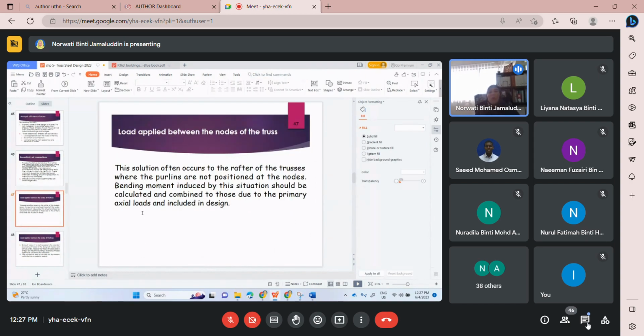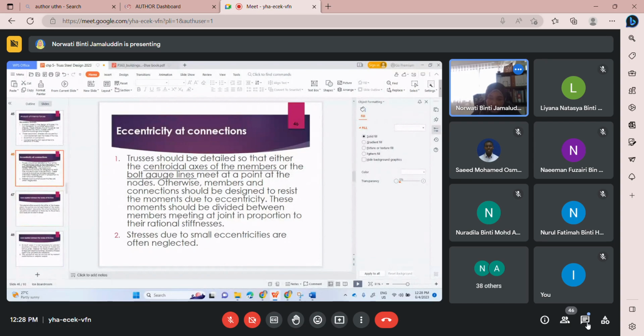Another case is where you have a purlin that is not located at the nodes. Then you can get secondary stresses. Eccentricity creates secondary stresses.